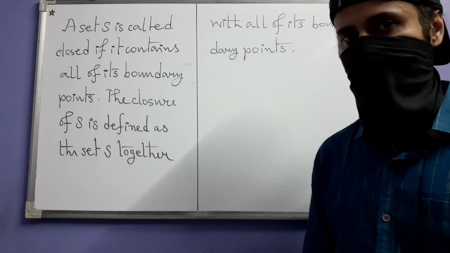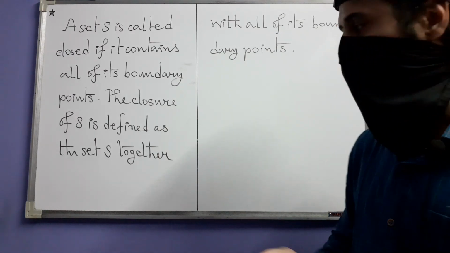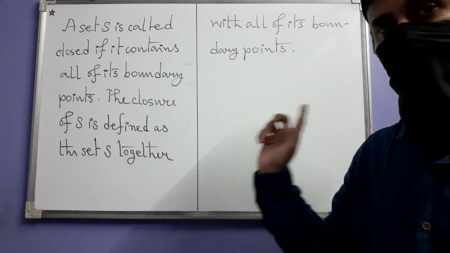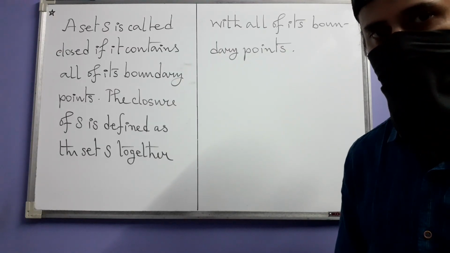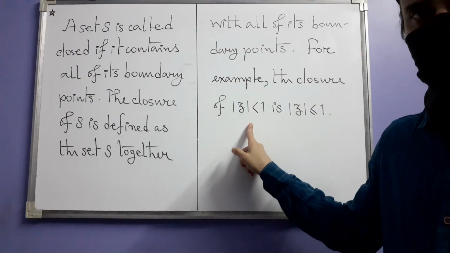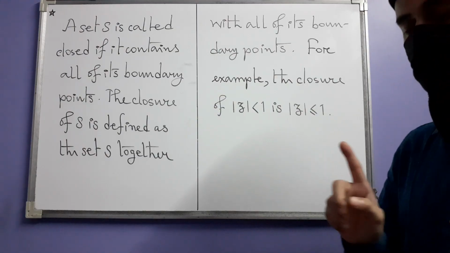Now, after the definition of a closed set, we naturally have the definition of the closure of a set. The closure of S is defined as the set S together with all its boundary points. For example, the closure of this open set is this one, this closed disk.